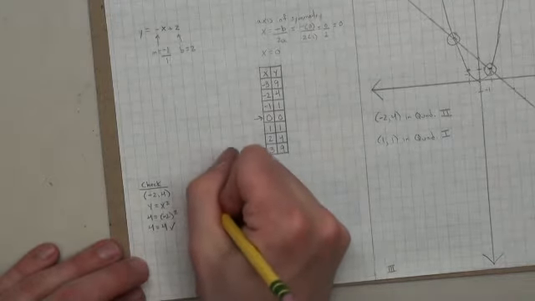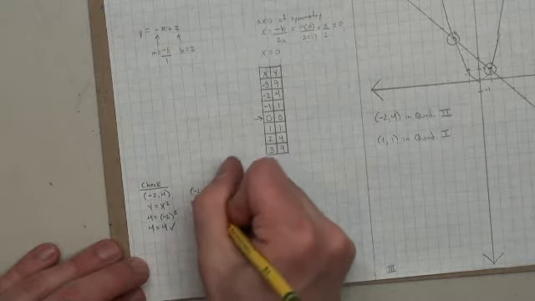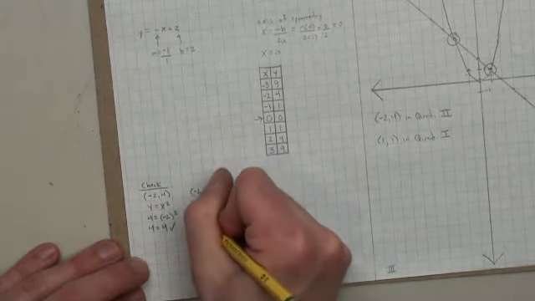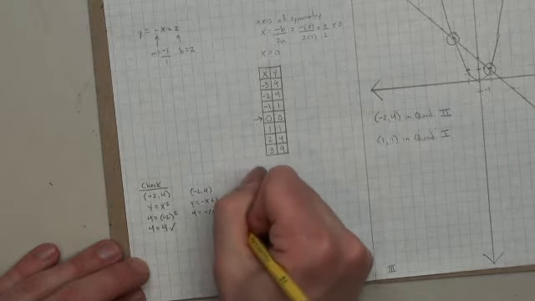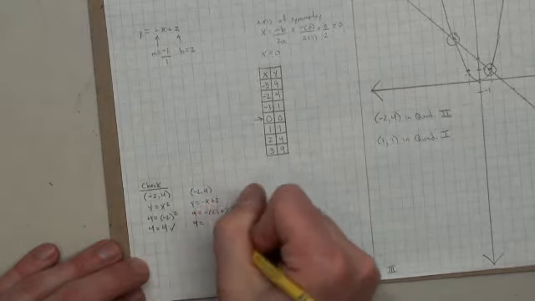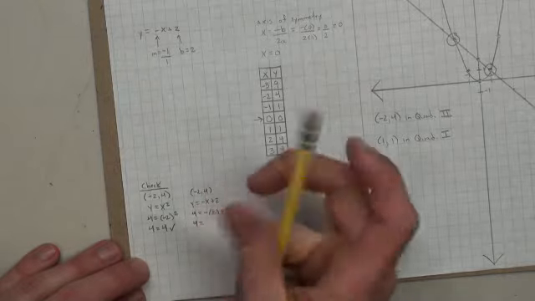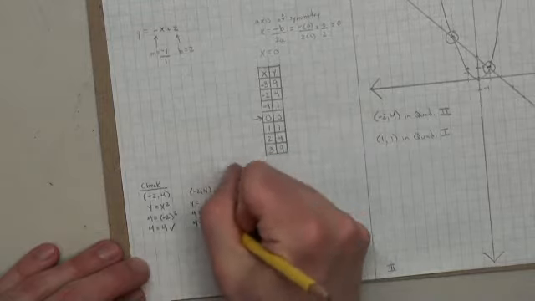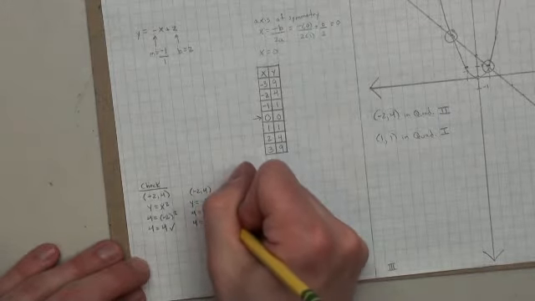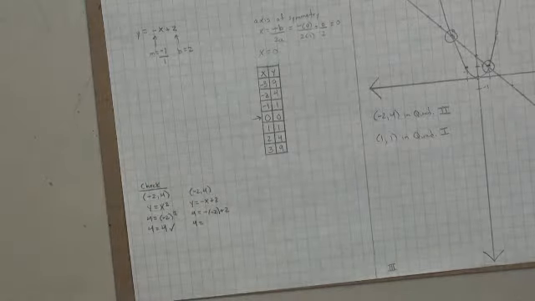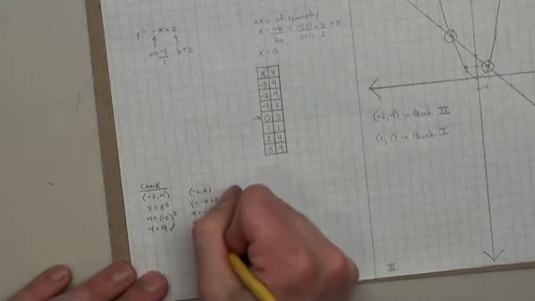Now let's check it in the linear equation. y equals negative x plus 2. 4 equals negative, whoops, it's negative 2. Okay? So that would be 2 plus 2, so 4 equals 4.